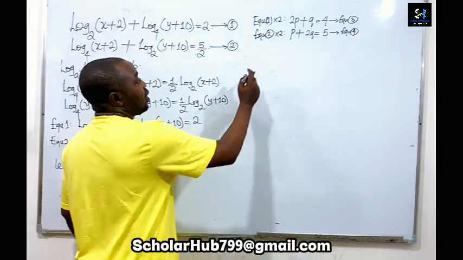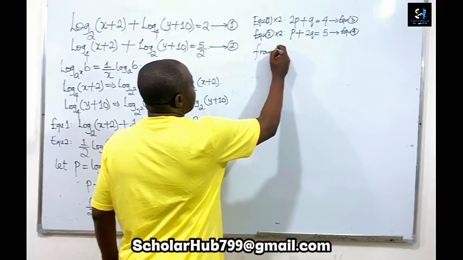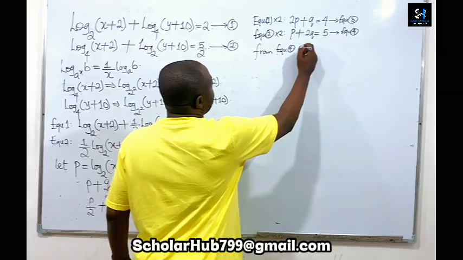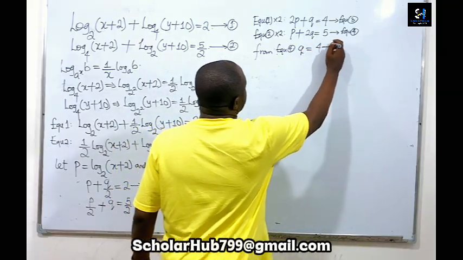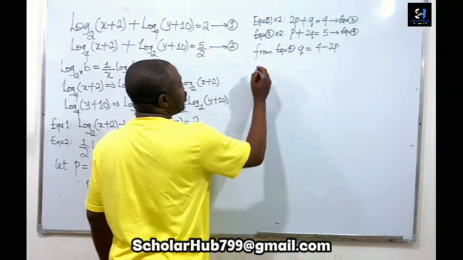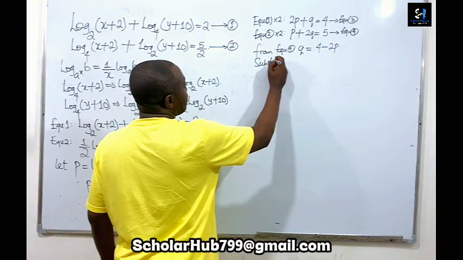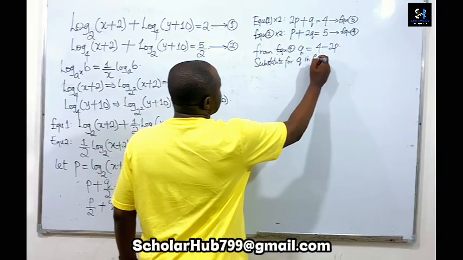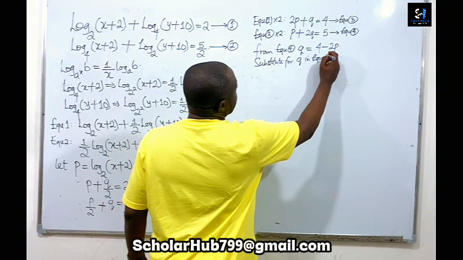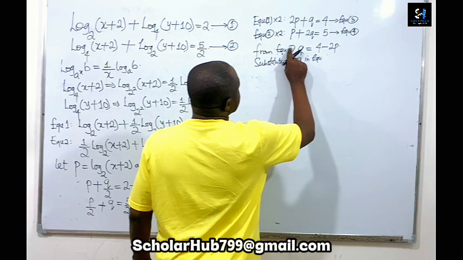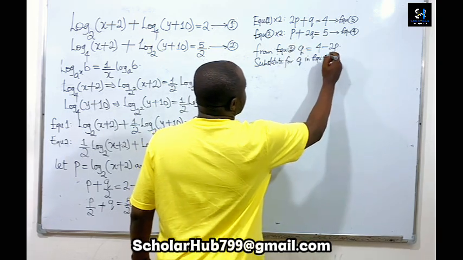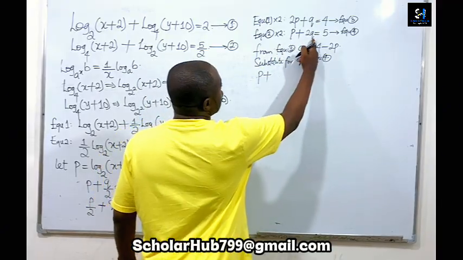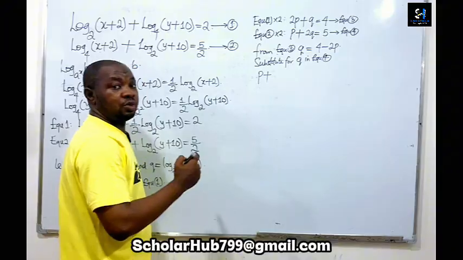All right, so from equation 3, q equals 4 minus 2p. So now let me substitute for q in equation 4. Equation 4 is p plus 2q. Now we have q to be 4 minus 2p.